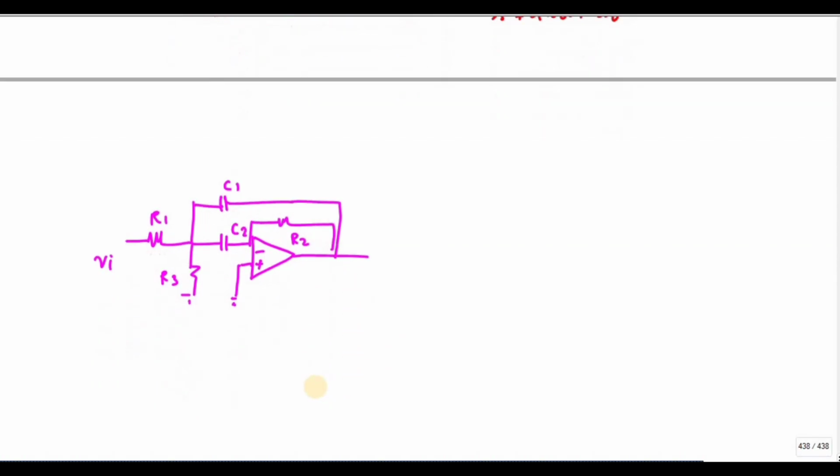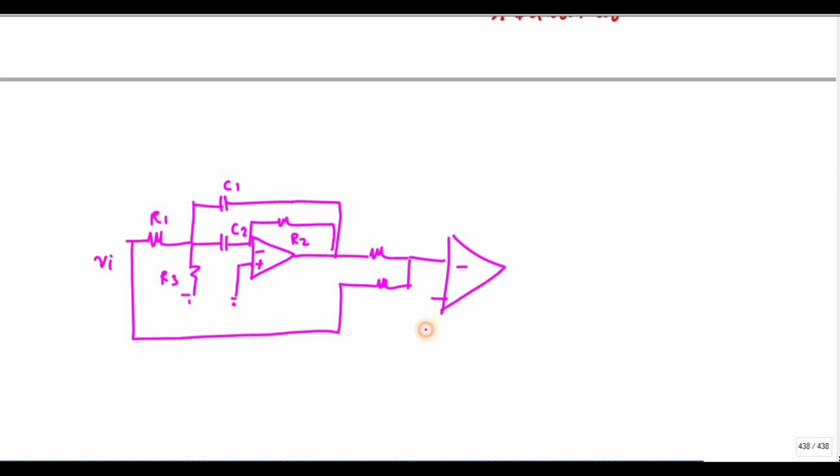These values are given to the summer, and the rest is the same. If you solve this, we'll get the notch filter output.